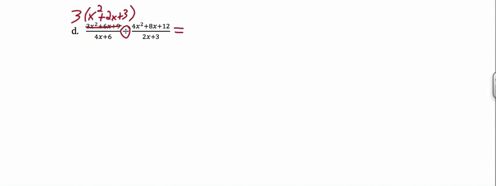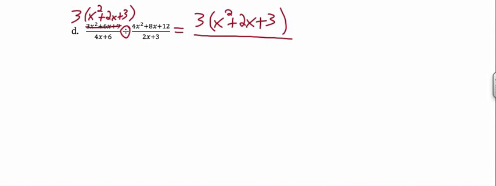X squared plus 2x plus 3 does not factor any further. I had actually written that over there under the assumption I was going to need one more factoring step, but there aren't two numbers that multiply to positive 3 and add to positive 2. My denominator here does factor a little bit. There is a GCF there, so I need to make sure I take that out.